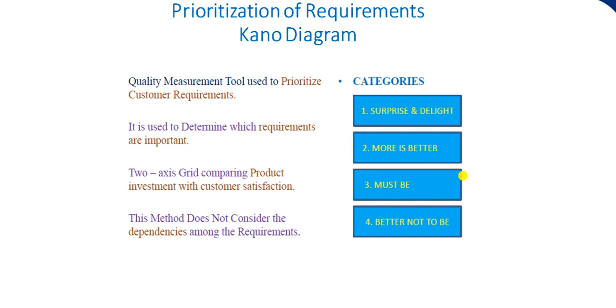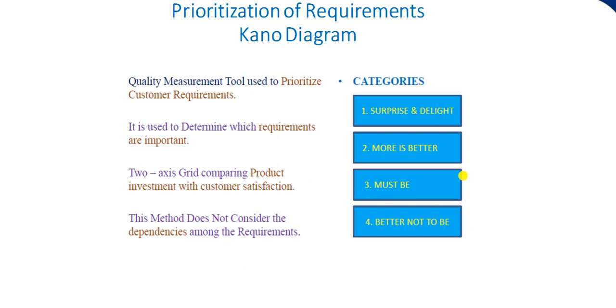The same way here we have one axis for customer satisfaction and the other for investment. So the x-axis we'll see in the next slide. This method does not consider the dependencies among the requirements. Again, the limitation of this method is that it will not consider the dependency.